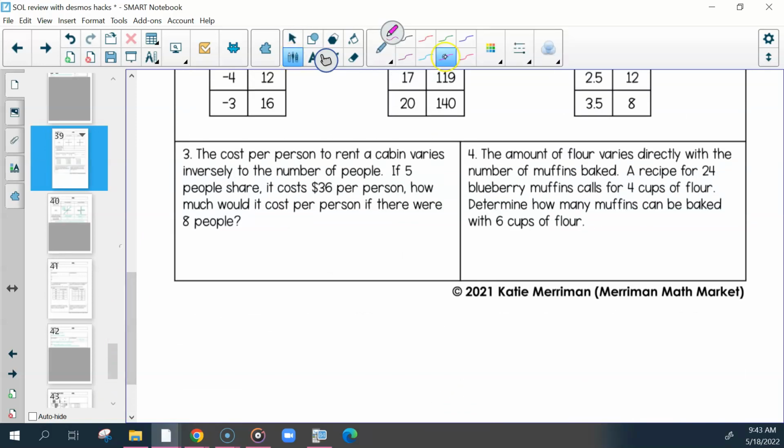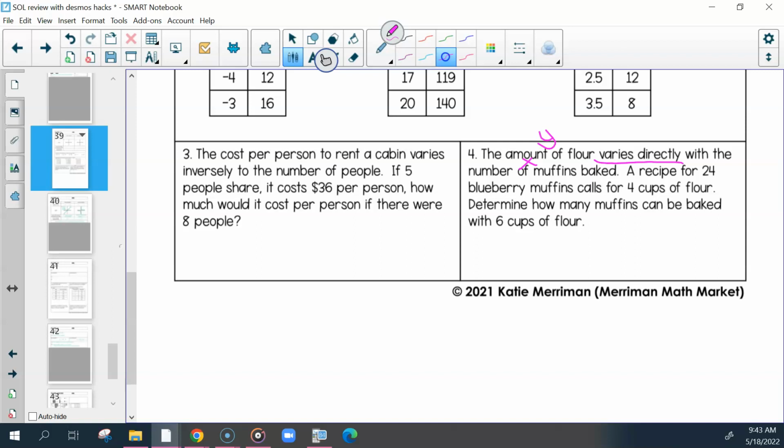Number 4. The amount of flour varies directly, so it tells you it's going to be a direct variation. Amount of flour is Y, number of muffins is X. The recipe calls for 24 blueberry muffins and 4 cups of flour.